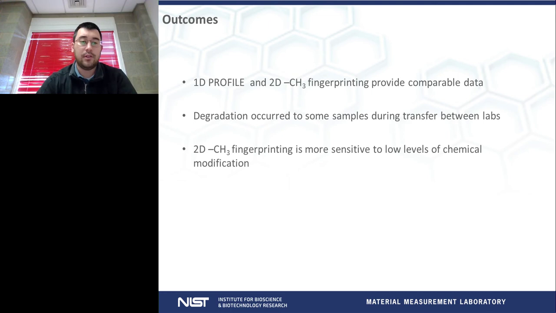And this could be due in part to the fact that when you add an extra dimension of detection, you can pick up on a few more things that you maybe won't necessarily be able to pick up on with 1D if it's a very low level of chemical modification. Now, if these were much more extensive, you would probably see that in profile quite well.